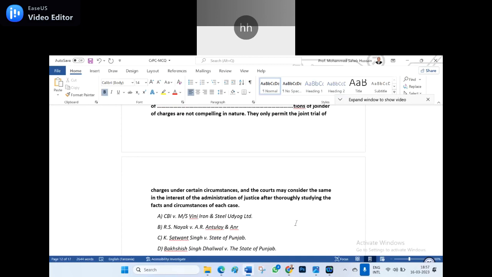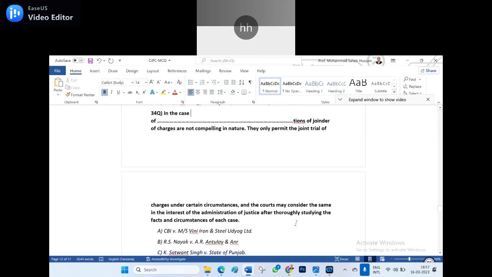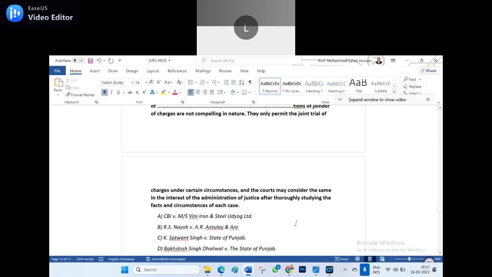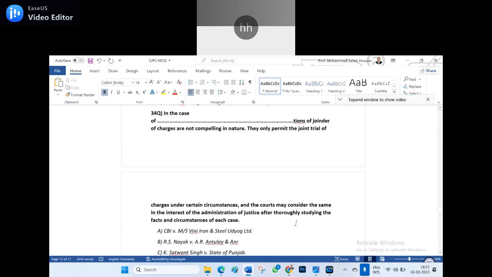B, R.S. Nayak versus A.R. Antulay and others. C, Kathi Satwan Singh versus State of Punjab. D, Bakshish Singh Dhaliwal versus State of Punjab. Option C, sir. Option C is the right answer. Satwan Singh versus State of Punjab. It is decided in that manner.